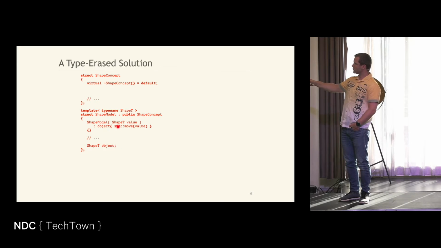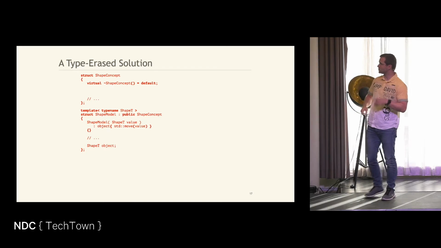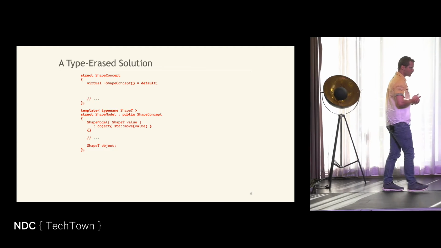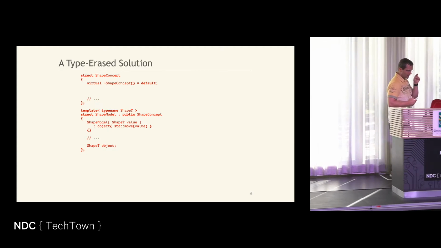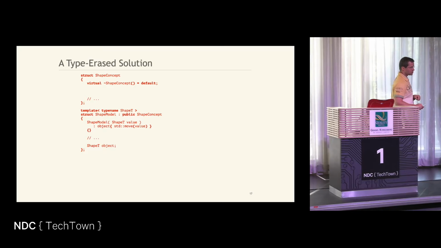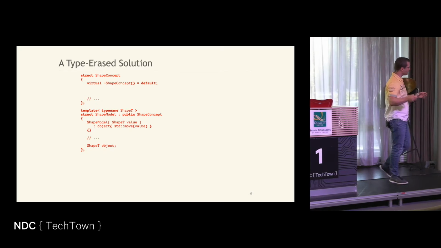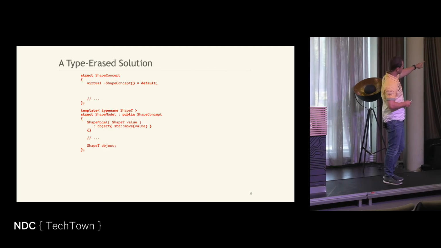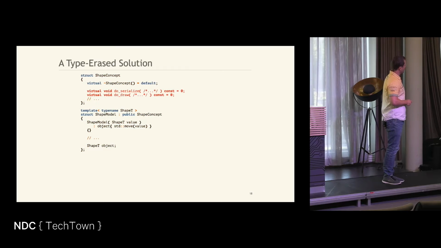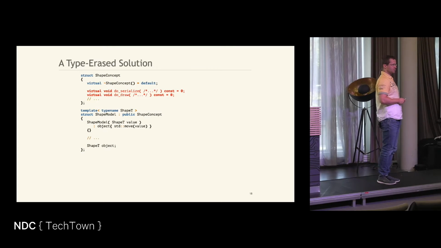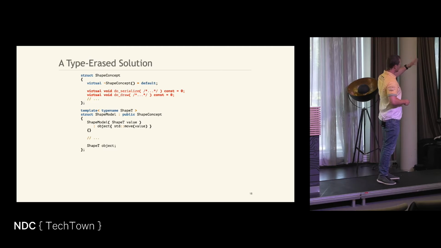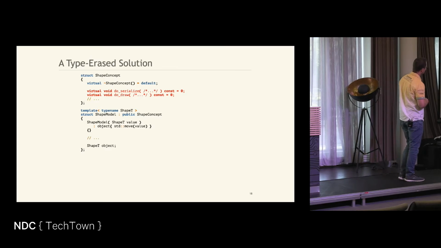Of course, I also have the according constructor in order to be able to take one of those. Now, I want shapes to be drawable. I want shapes to be serializable, or whatever you can imagine. These are now affordances, or simply operations, that this base class formulates, like any other base class. So I have a do-draw function, I have a do-serialize function, and of course they take a couple of arguments, whatever you need.